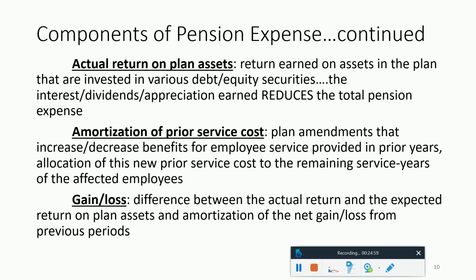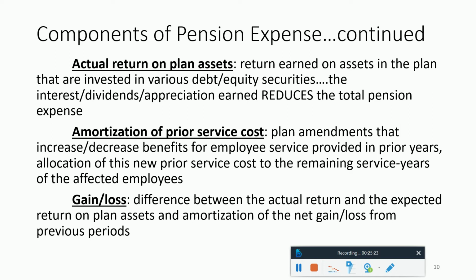And all three of those things then reduce the total pension expense. So it's important to remember that return on plan assets is not an additive component to pension expense, but it reduces pension expense. We also might have amortization of prior service cost.